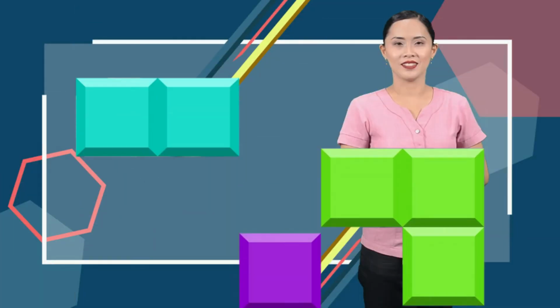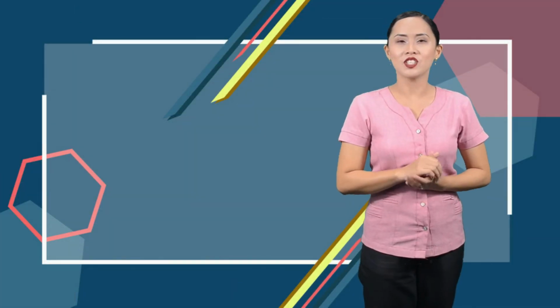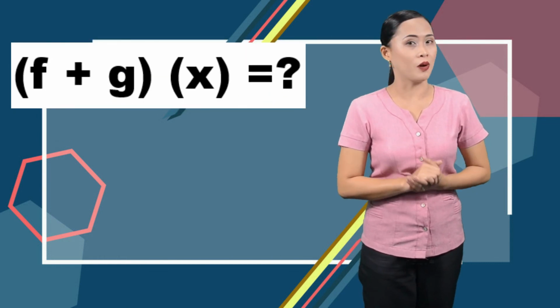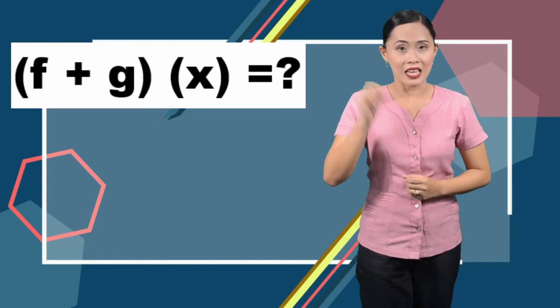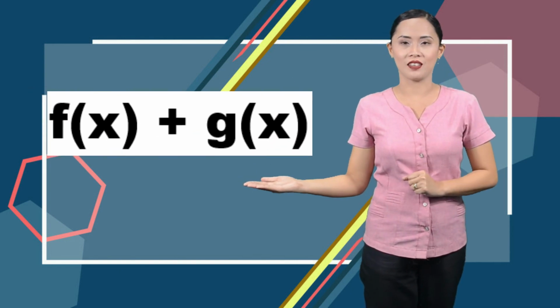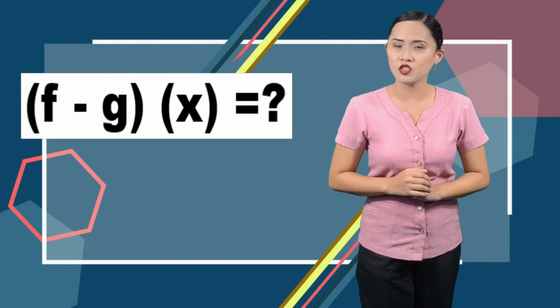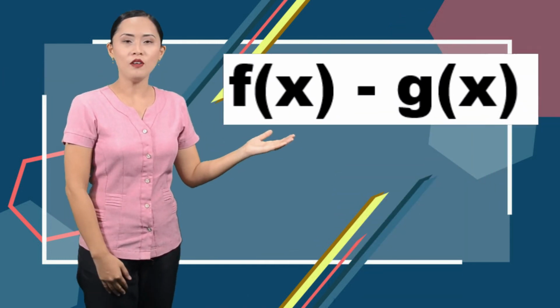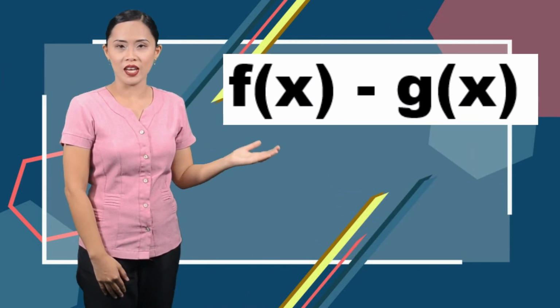Now let's summarize. F plus g of x equals? Yes, f of x plus g of x. How about f minus g of x? Good! F of x minus g of x.